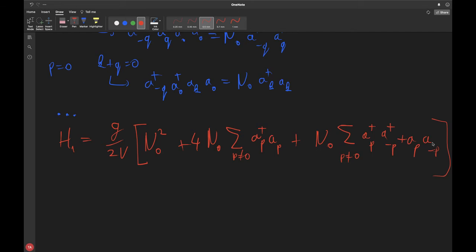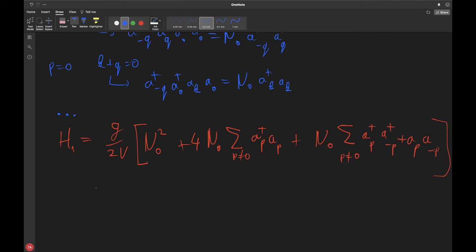Here we see that particles are created in pairs where they have momentum p and momentum minus p. The consequence is that when you cool these things down, these states will cancel out and most of the particles will be in the lowest energy state, which is the ground state.